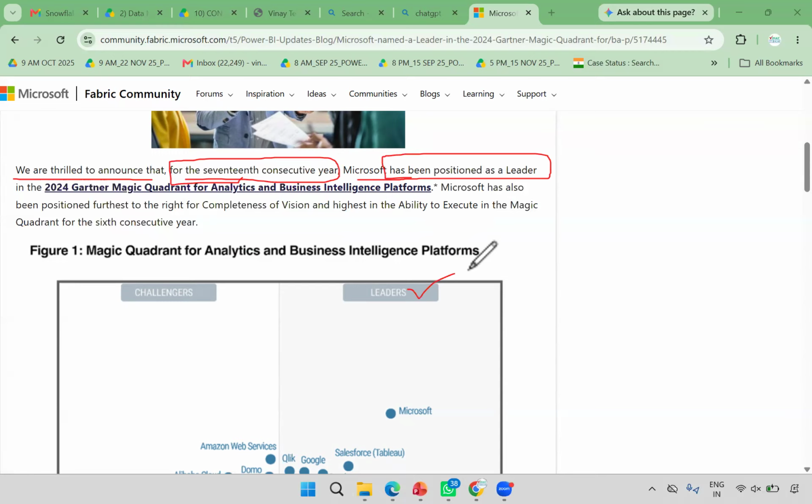In the latest list, Microsoft is the leader, and Power BI's competitive component is Tableau, then Qlik. So the top three reporting or BI tools in the market: Power BI, Tableau, QlikView.